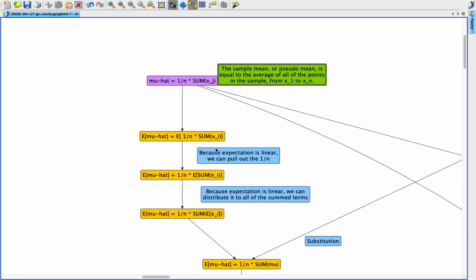So how do we prove this? Well, the expectation of mu hat, so right here we're just taking the expectation of both sides, which we can definitely do. And because expectation is linear, and this is pretty important, we can pull out the 1 over n. Expectation is linear because it is technically defined as an integral.